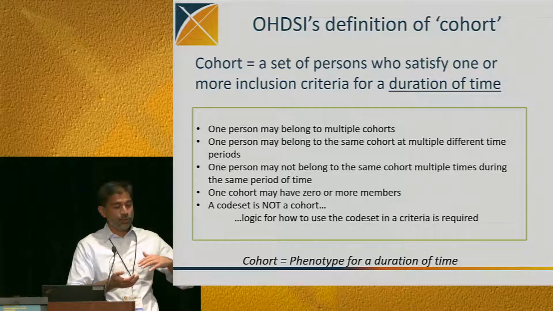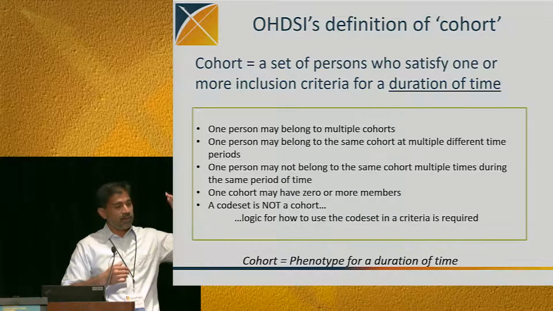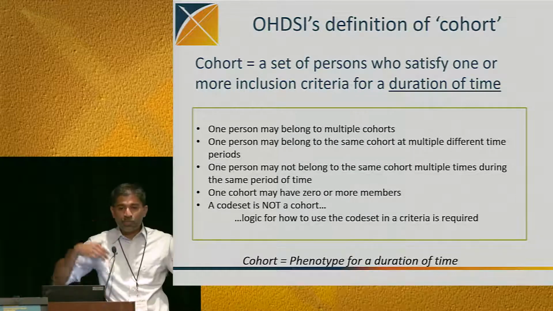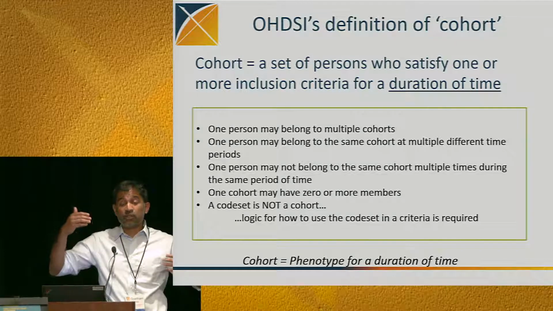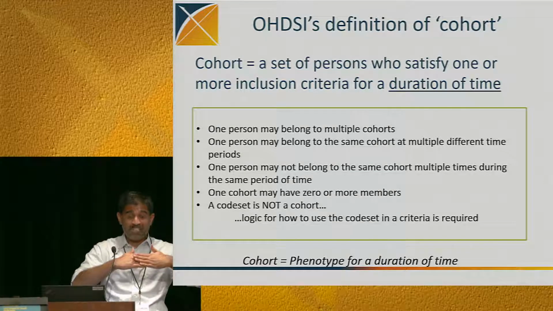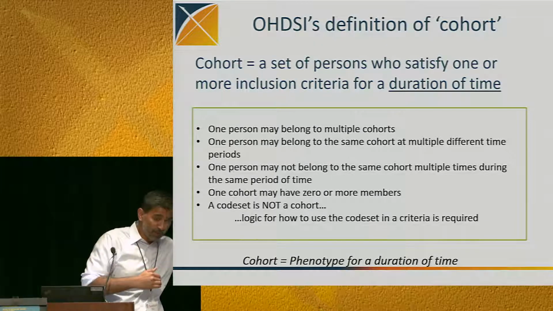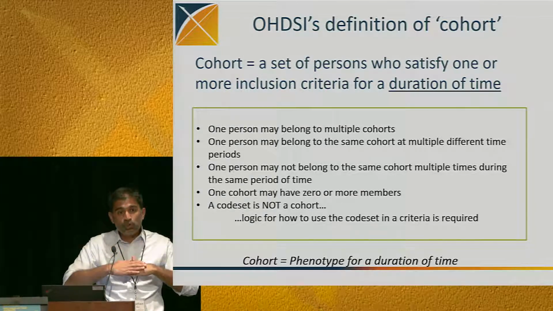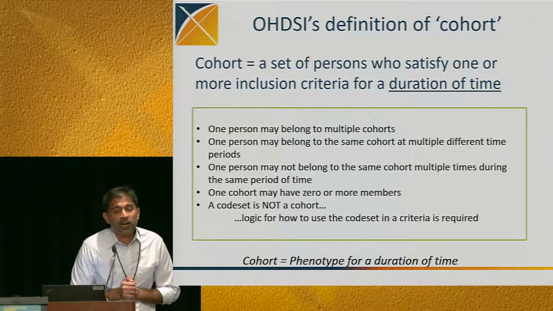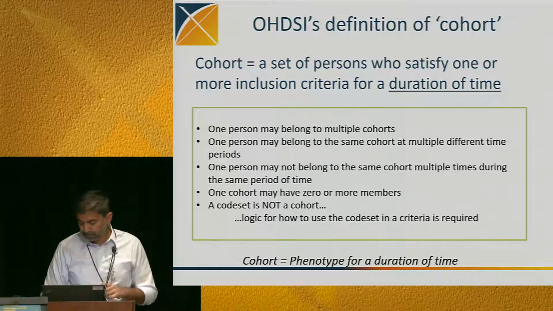If they should have this diagnosis code and these drug codes, do you want the drug codes to be at the same time, on the same date? Do you want it to be 10 days later? Do you want it to be 15 days before? So all these are rules that you have to take into account as part of the cohort build process.